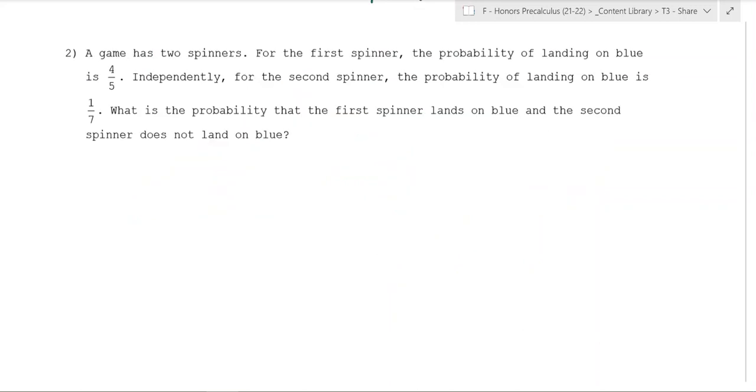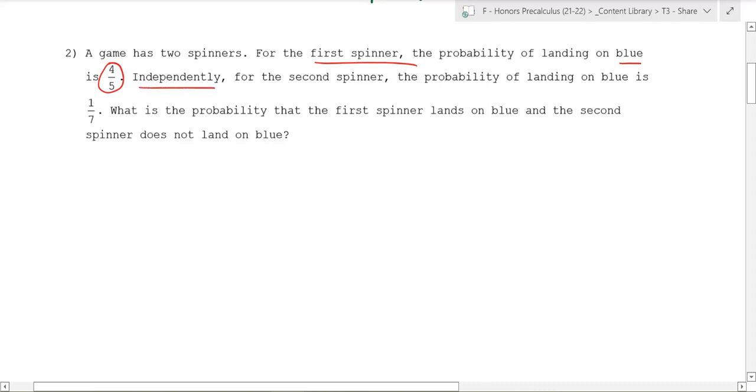A game has 2 spinners, so 2 things are spinning. For the first spinner, the probability of landing on blue is 4 out of 5. Independently, so not related to the first, for the second spinner, the probability of landing on blue is 1 out of 7. What is the probability that the first spinner lands on blue and the second spinner does not land on blue? Does not. The probability of the first spinner landing on blue is 4 out of 5.